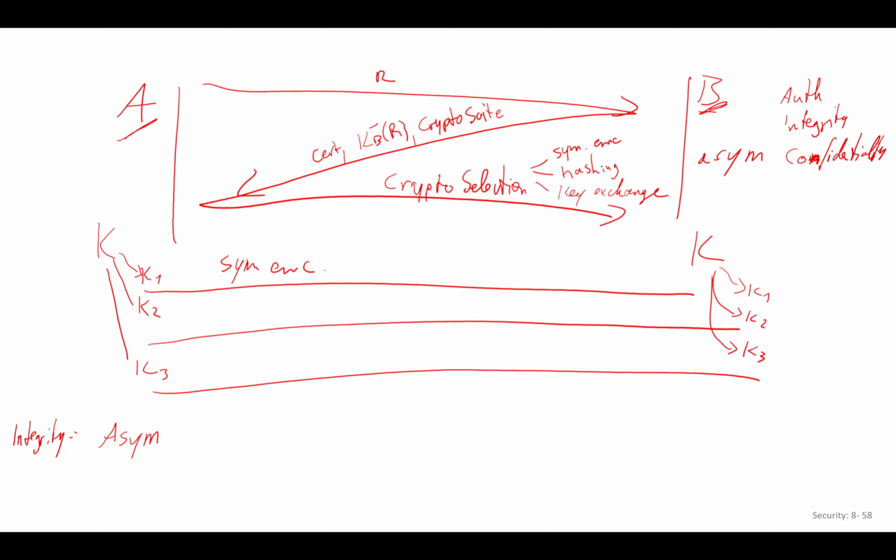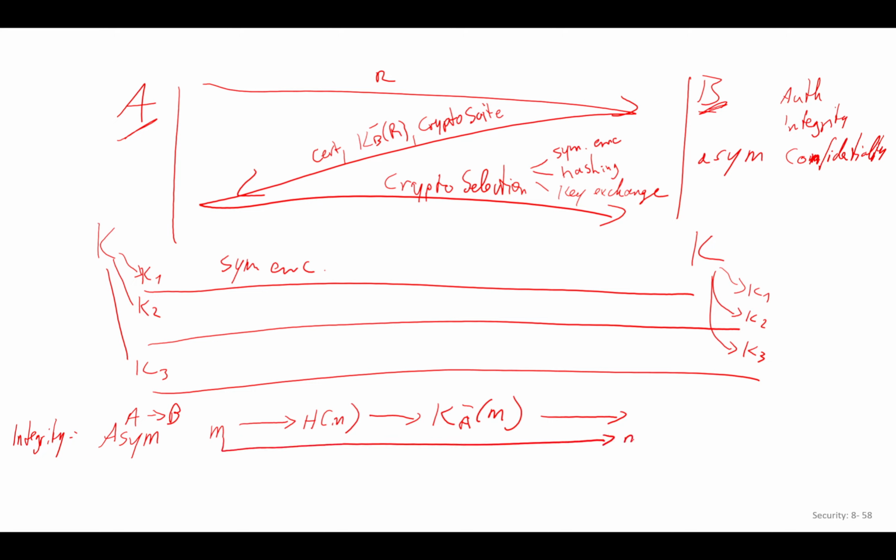So an asymmetric approach is you take the message, you create the hash of it, you sign the hash of it with your own key. So let's say A is communicating to B. You sign it, and then you send it to B, and you send also the message to B. So you send, of course, the signed hash.